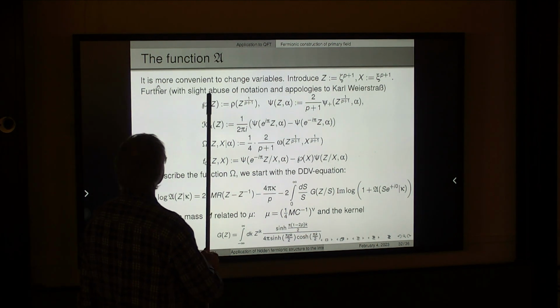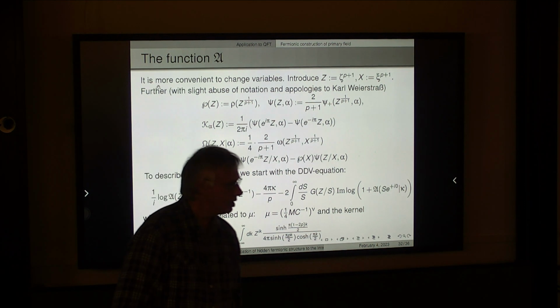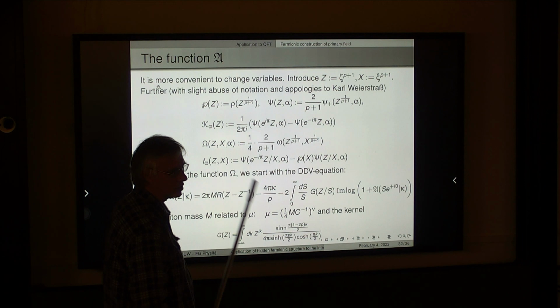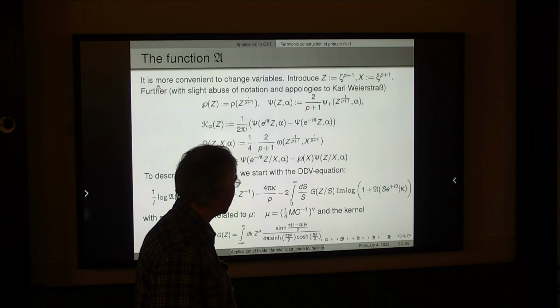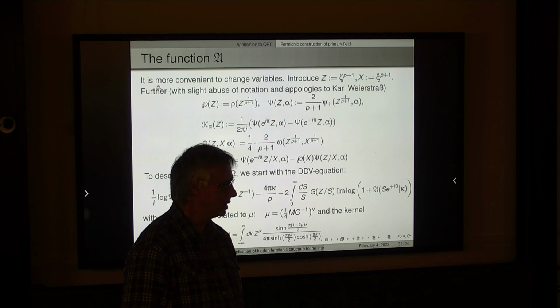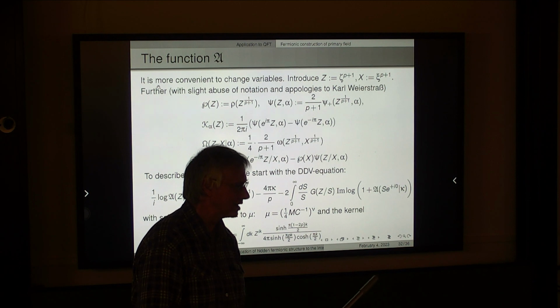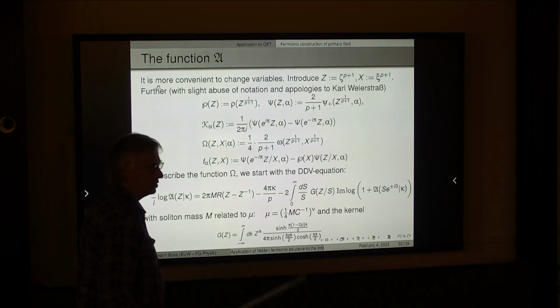And further, with slight abuse of notation, and apologies to Karl Weierstrass, because somehow I steal notation which is usual for the Weierstrass function. Everything I do is raw. Nothing really happens. But maybe I will do it only once.